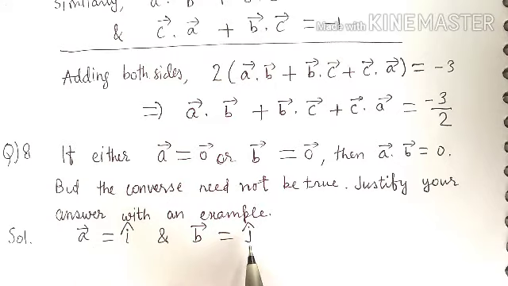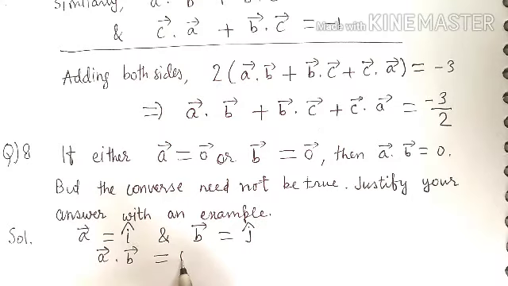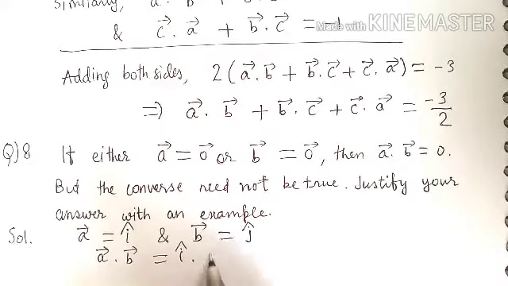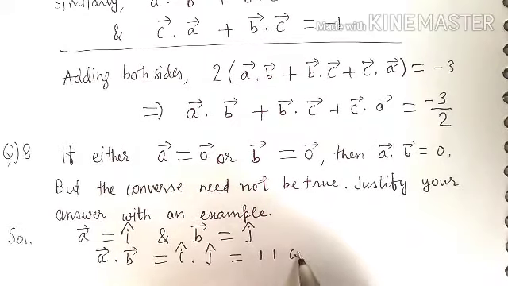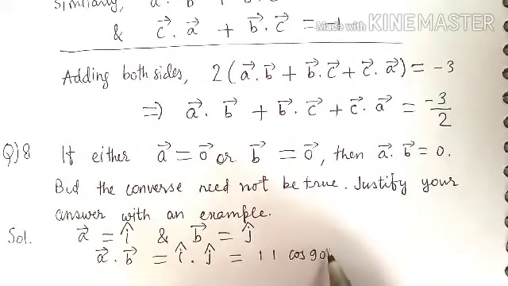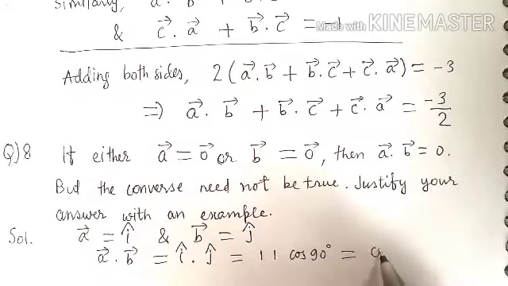If we take vector A dot vector B, then we have i cap dot j cap. The magnitude of i cap is 1, the magnitude of j cap is 1, and cos of the angle between them, 90 degrees, is 0.